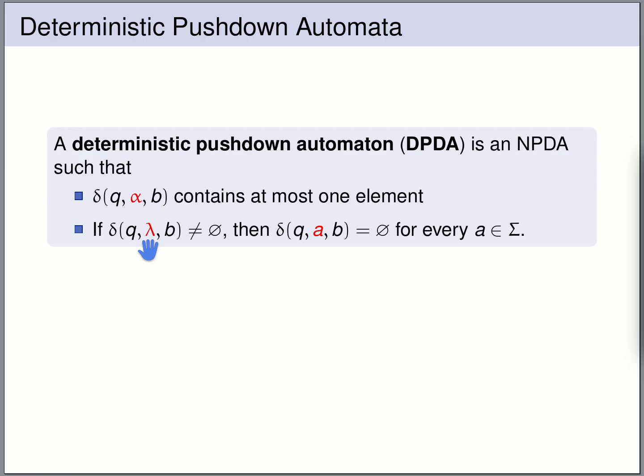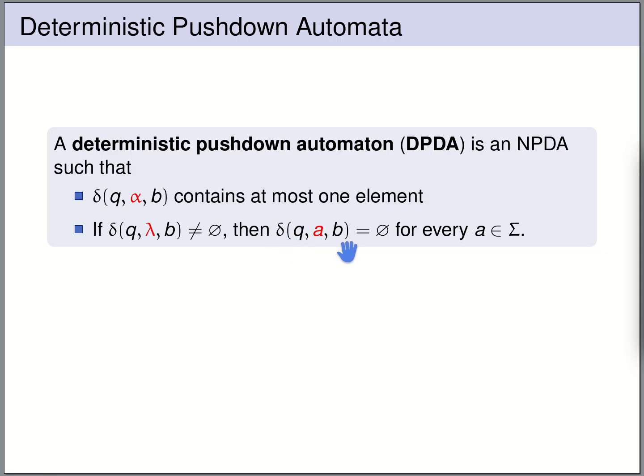But moreover, we want that if we have a state q that has an outgoing lambda transition for a particular stack symbol b, then the state should not at the same time also have an outgoing a transition for the same stack symbol b. The problem here is, if we are in state q and the next input letter is an a, and on the stack we have a b, then we suddenly have a choice.